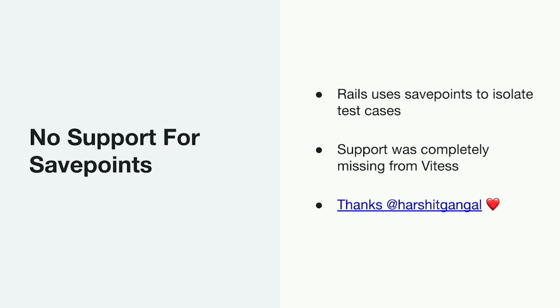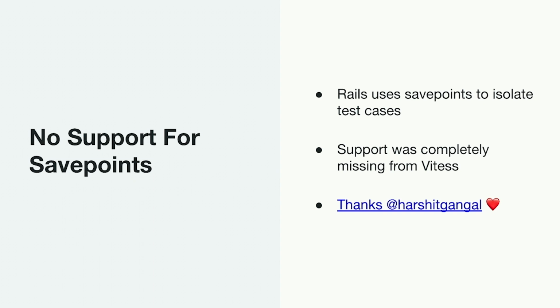So it creates your database and sets it up at the beginning of the test run. And then all the test runs are wrapped in a big transaction, and each individual test case is actually wrapped into a savepoint. And at the end of the test case, the savepoint is rolled back, right? So that basically isolates database changes. And that support was completely missing from Vitess. So that caused everything to fall over.